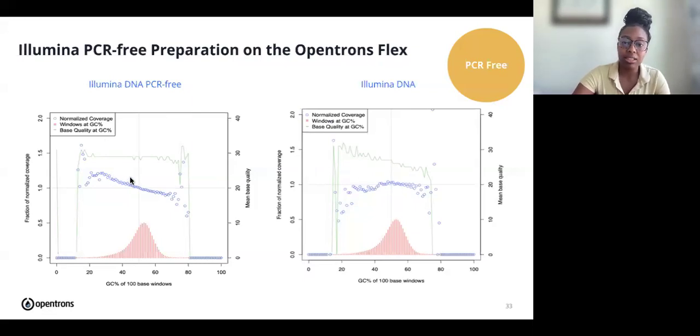You'll see a really consistent base quality over those GC-rich regions. That's exciting. That's what we've seen manually, and we're able to maintain that observation as we automate these workflows as well.